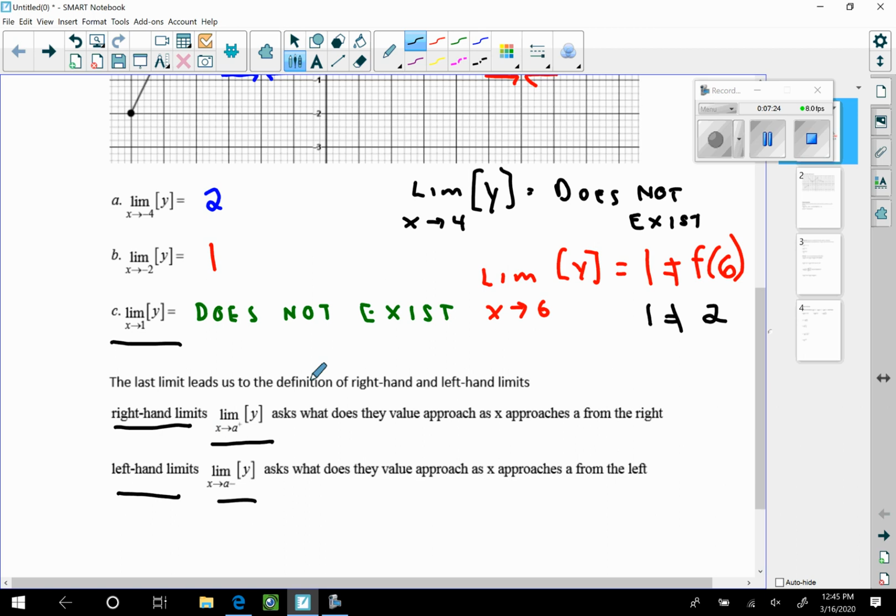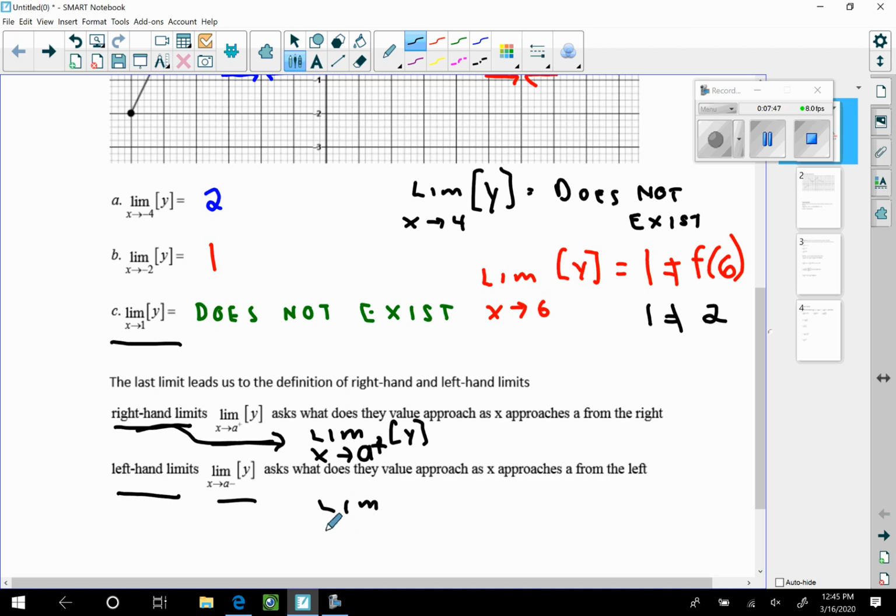And it's hard to see here. The notation here is the limit as x goes to a, and I have a little plus sign. That little plus sign means that I'm approaching a from the right. This is the right-hand limit.